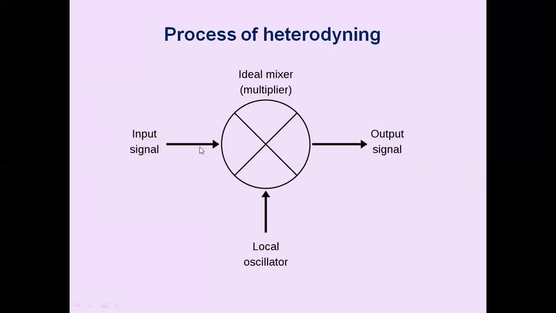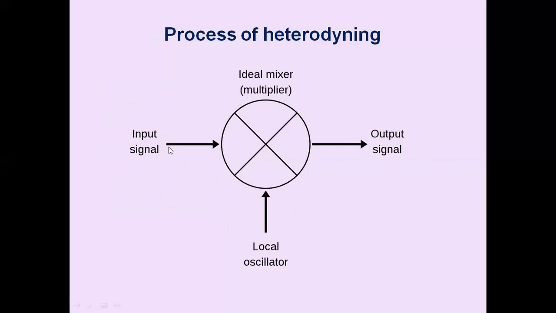They are combined and converted into a signal of lower fixed frequency. Whatever may be the incoming signal frequency, the difference between the local oscillator and the incoming signal frequency is always a constant IF value. So we call this mixer the multiplier.